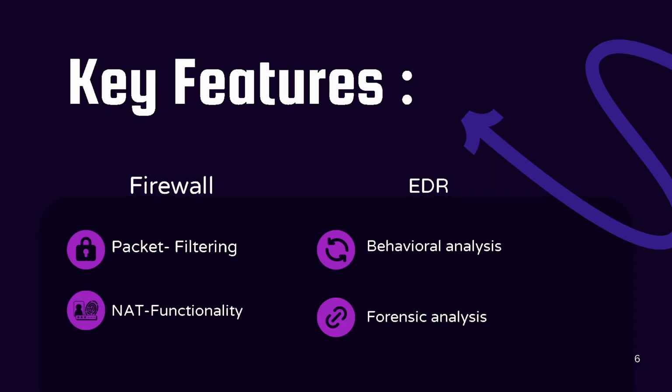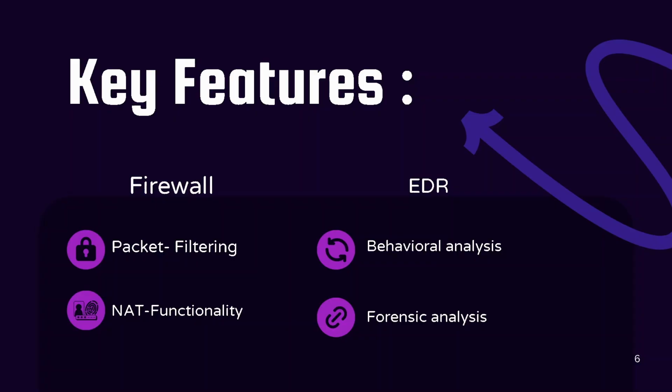It also gives NAT functionality. Many of you might be wondering, what is NAT? NAT is network address translation. Basically it's a process used in computer networking where a device, usually a router, we will take it as a router, modifies network address information in IP packet headers as they pass through.